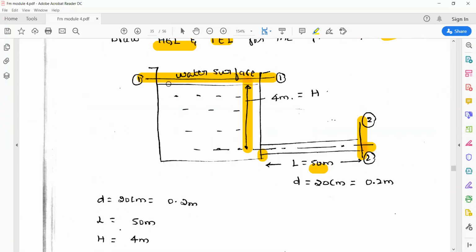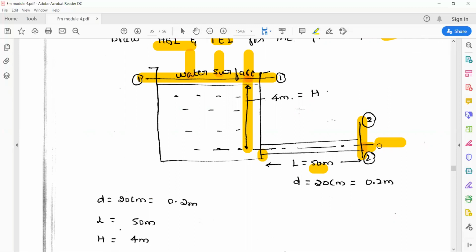Because in the diagram you can see, before water starts flowing, the pressure acting at section 1 is atmospheric pressure, because the upper layer of water is exposed to the atmosphere. Even at section 2, before the flow starts, atmospheric pressure is acting.